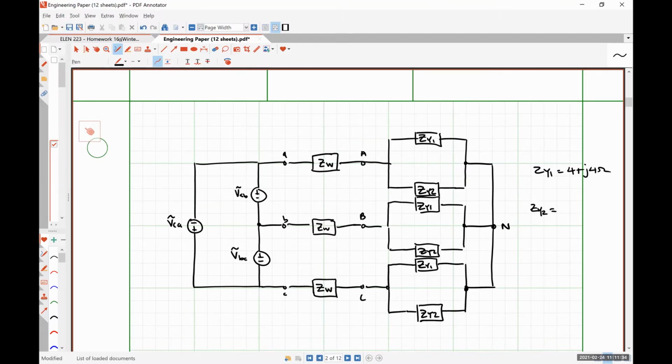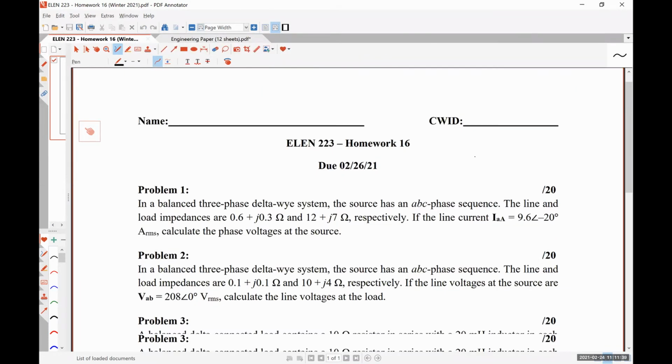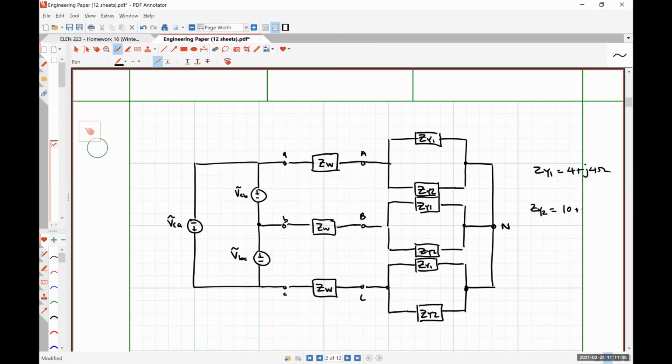ZY2 was 10 plus J4. ZW was given as, actually, if you have this in front of you so I don't have to switch back and forth, will you tell me what the numbers are?